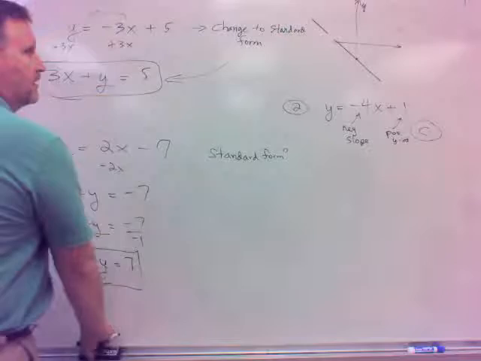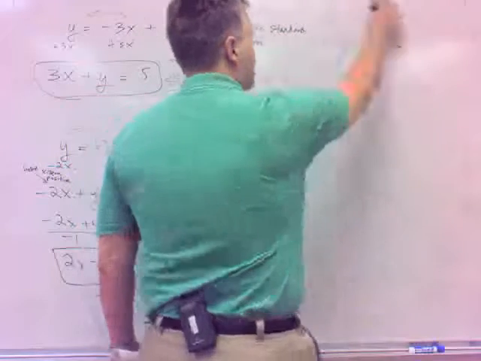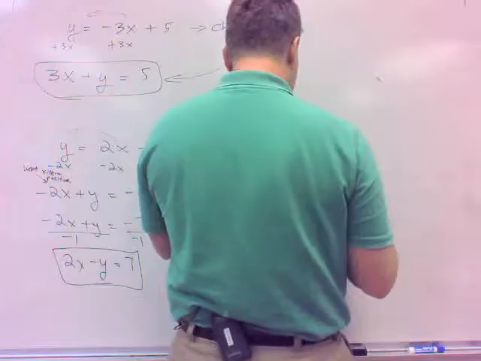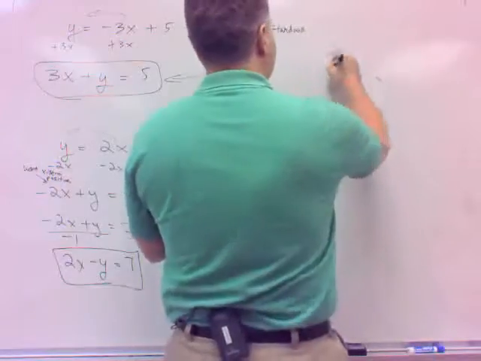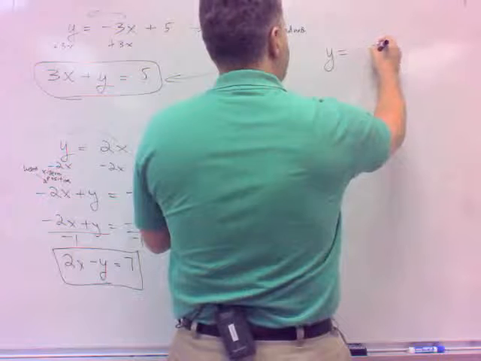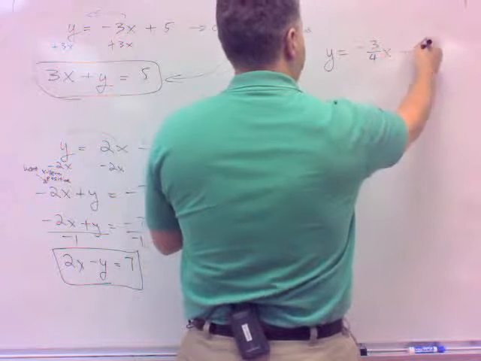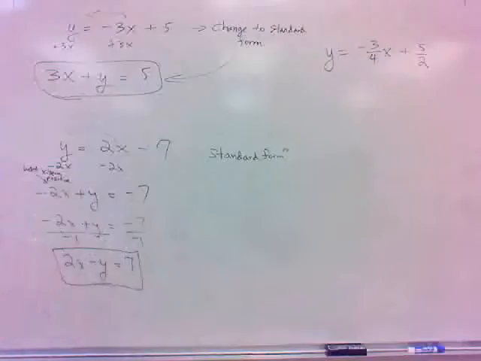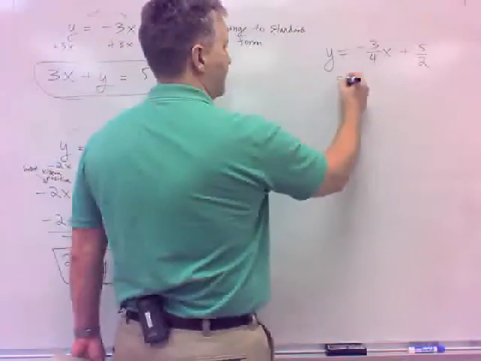The other thing is this. If I wind up with something like y equals negative 3/4 x plus 5/2, and I want to change that to standard form. Well, the other thing on standard form is, what about fractions? No fractions, okay? In standard form, there are no fractions.